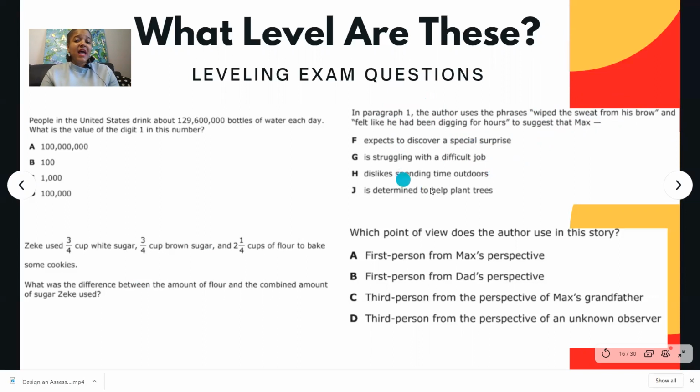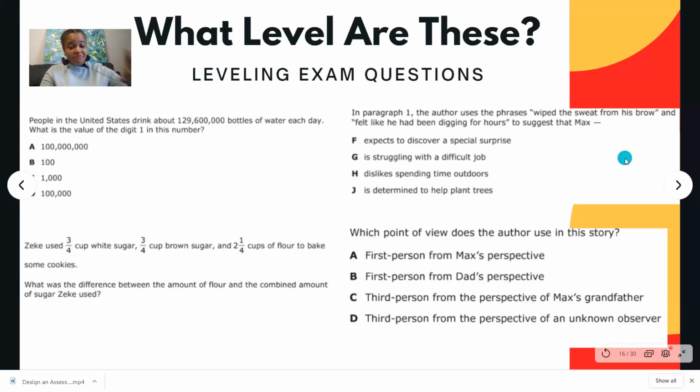This is a level 2 because the student has to infer or suggest and use details from the story, okay? But this one is, what point of view does the author use in his story? Recall. You just have to know what point of view is, right? First person, third person. Recall, so that's a level 1.